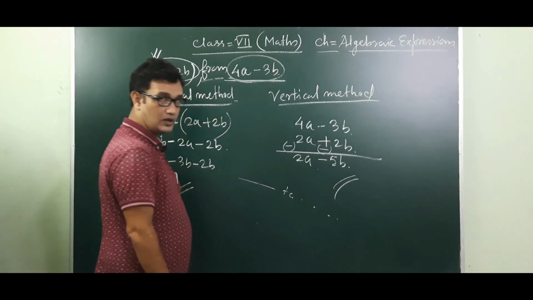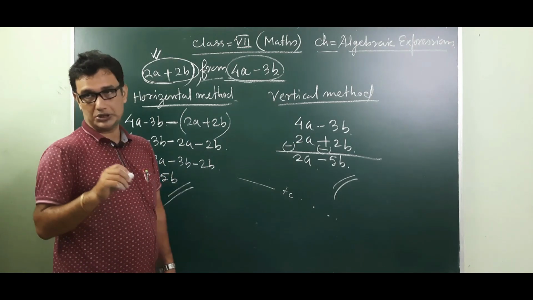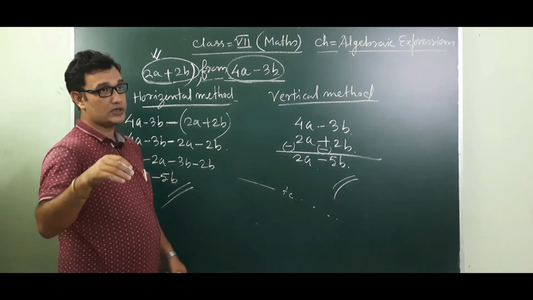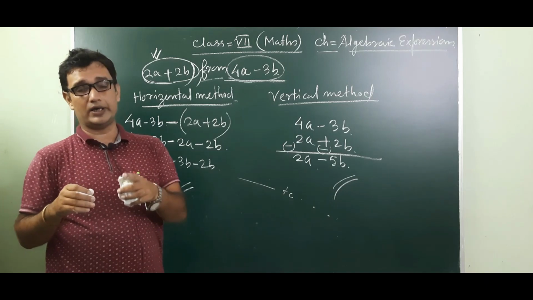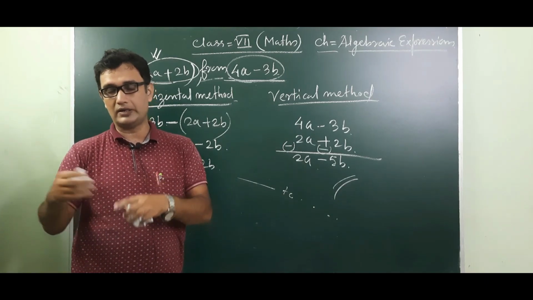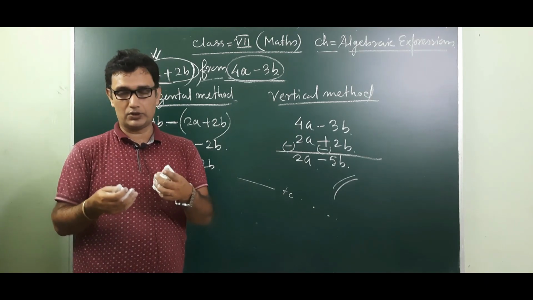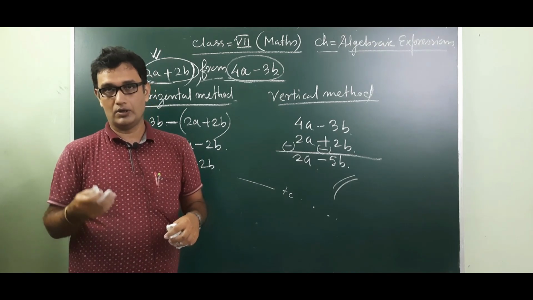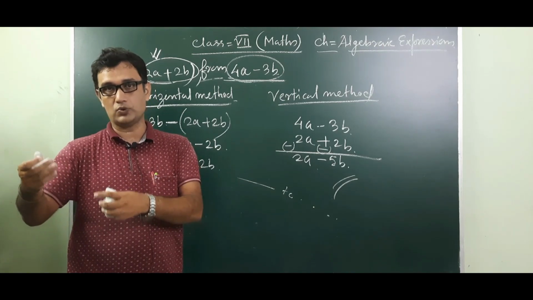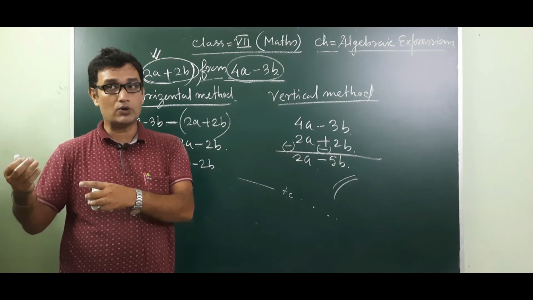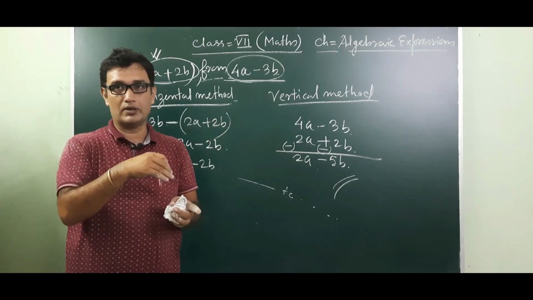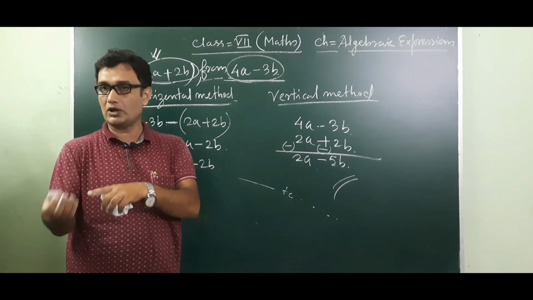If questions are like this, then in a simple way, what should be added to 5 to get 10? Or what should be added to 5 to get 12? Then in that case what will you do? From 12 you will subtract 5, then your answer will come out 7.